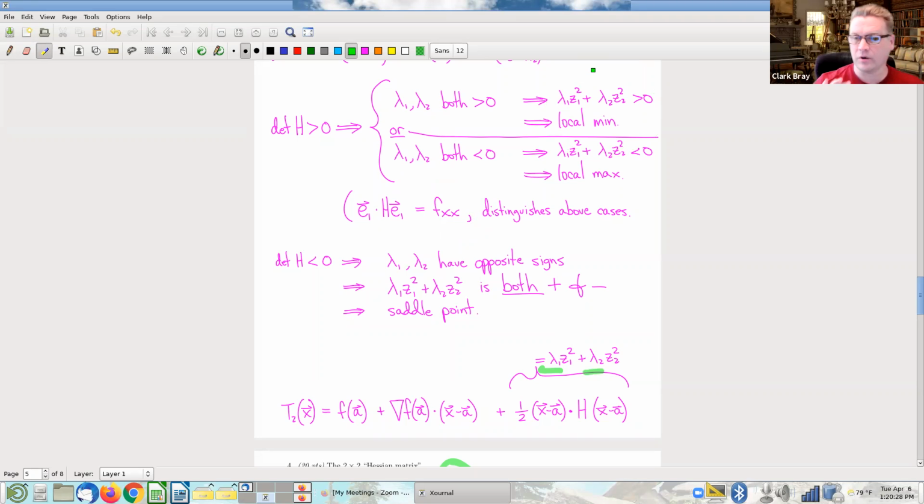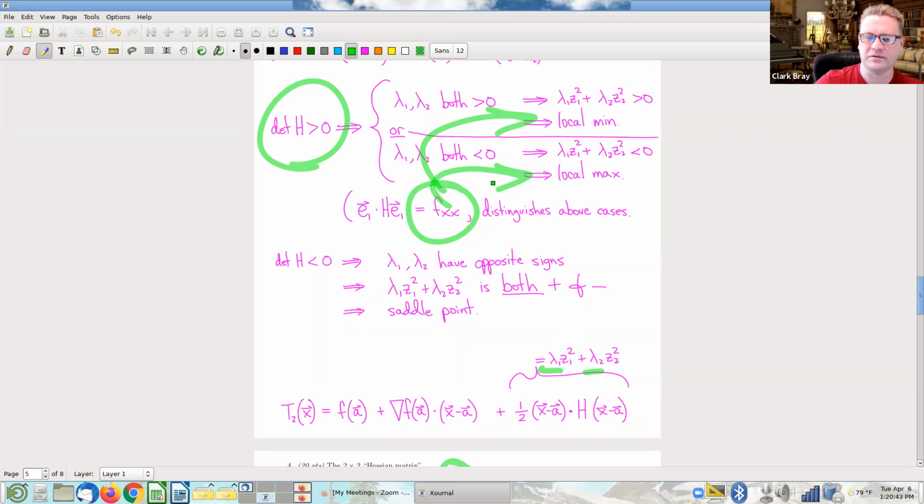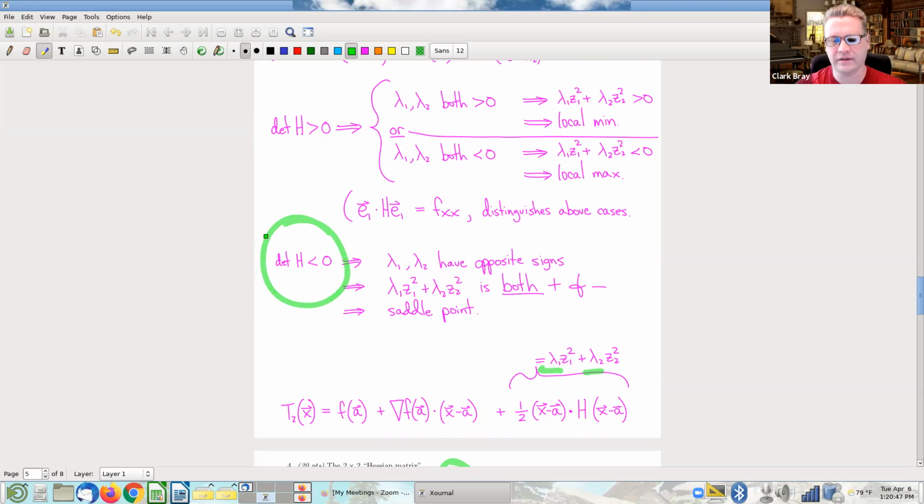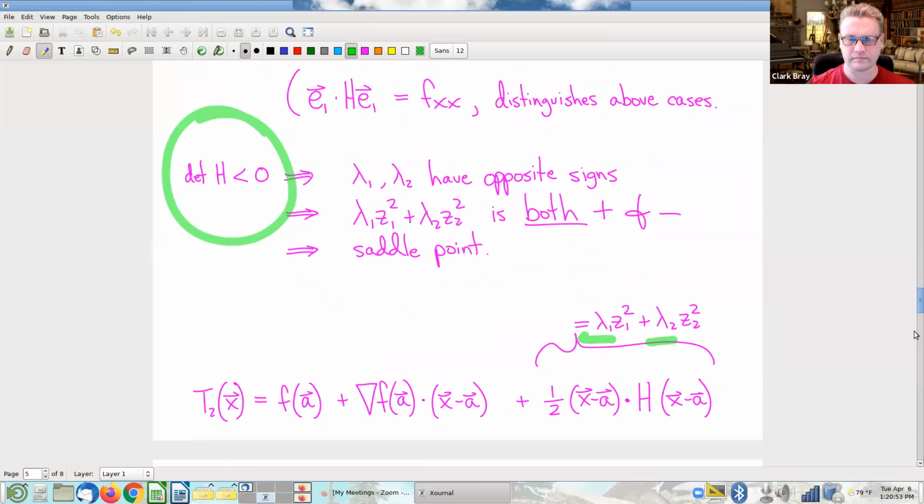Now we're only most of the way done. Remember the old second derivative test: if the determinant is positive, you look at the top left element to distinguish between these two possible cases. But there's also the possibility that the determinant is negative. What happens then?